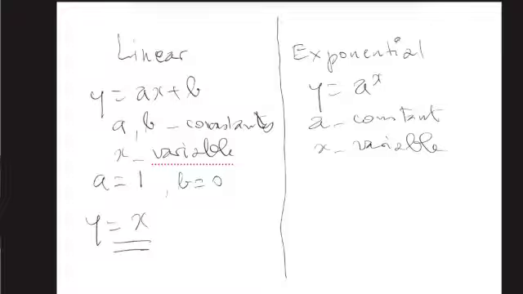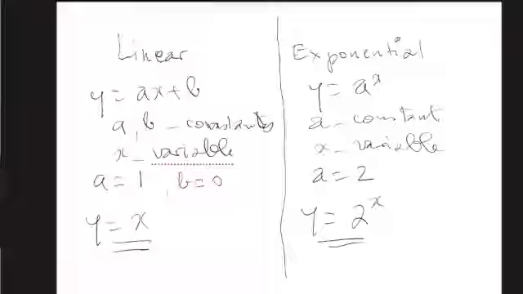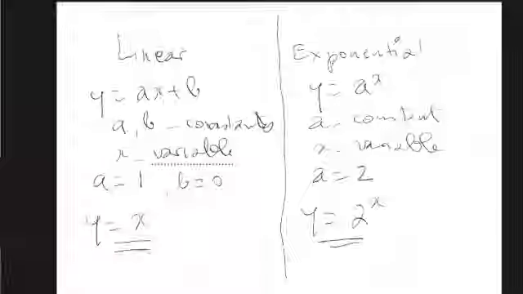Let's remember that. On the exponential side, let's assume that a is equal to 2. In that instance, plugging in the number 2, we have y equals 2 to the power x. These are the two equations we are going to work with.